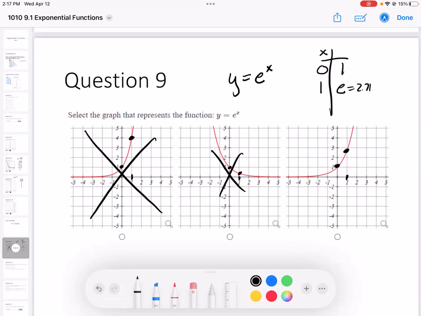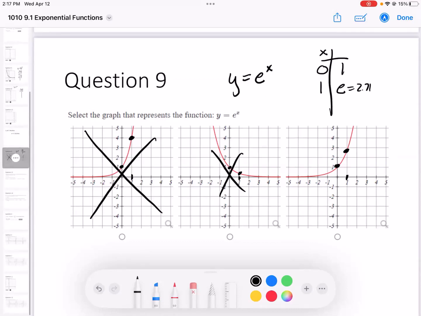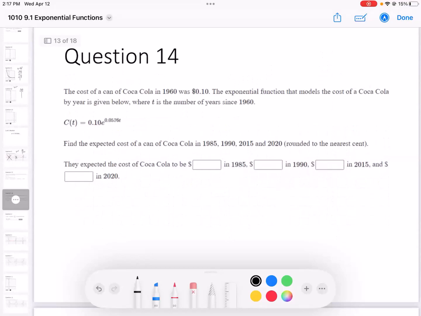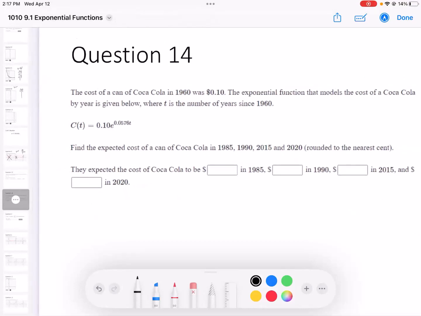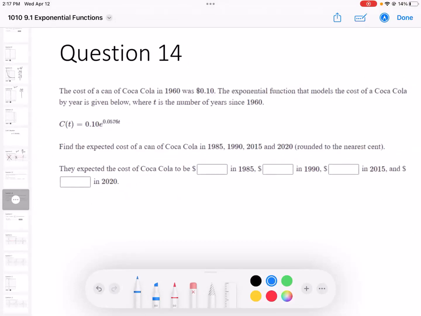Okay. The other place Euler's number will show up is on question 14. On question 14, you're told that the cost of a can of Coca-Cola in 1960 was 10 cents. The exponential function that models the cost of a Coca-Cola by year is given below, and the equation they give us is C(t) = 0.10 times e raised to the 0.0576t, where t is the number of years since 1960.